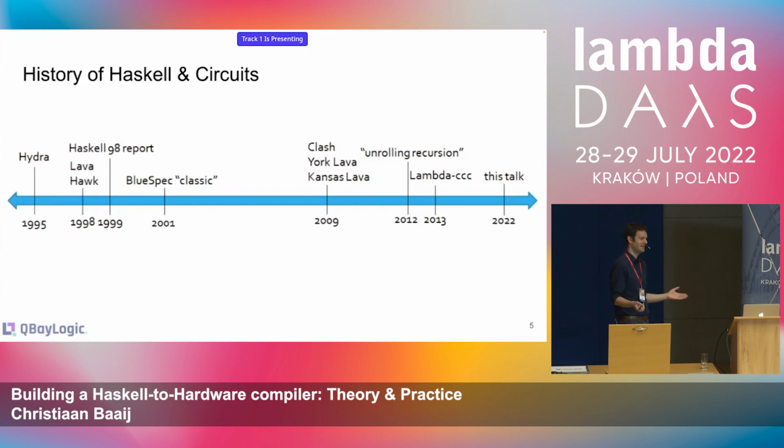And then there was us as well, Clash, and we all presented our work at the Haskell Symposium in 2009. There's been some other work trying to use functional languages, or Haskell basically, to create circuits from them.